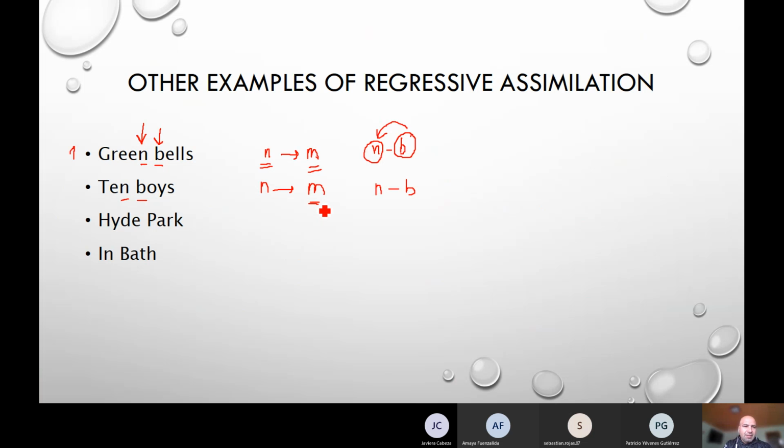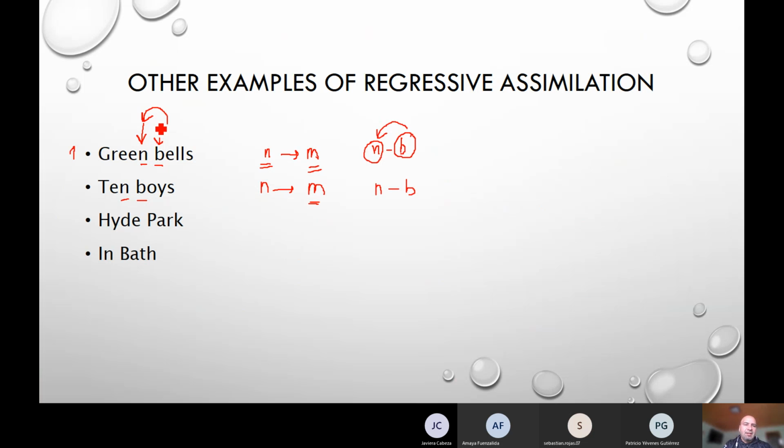Okay, so this is an example of a regressive assimilation because it's going backwards, right? It's partial because only one characteristic of the element is being passed to the other one.